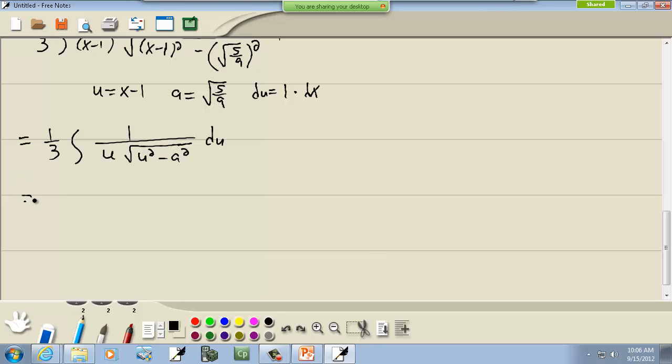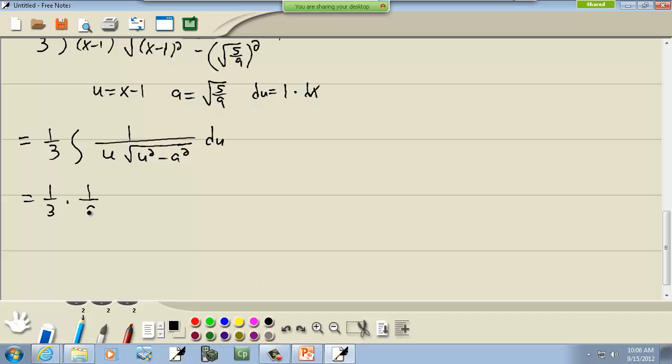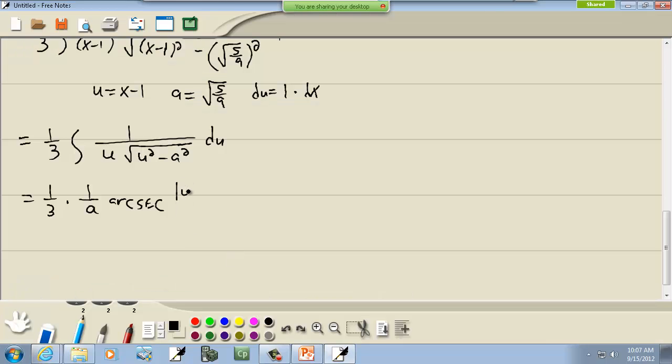So from our formula, that says, which one is it? This one. We rewrite it as 1 over a arcsecant the absolute value of u over a, plus c.